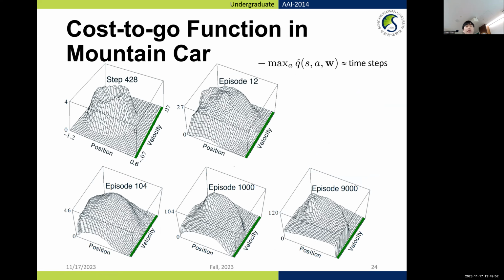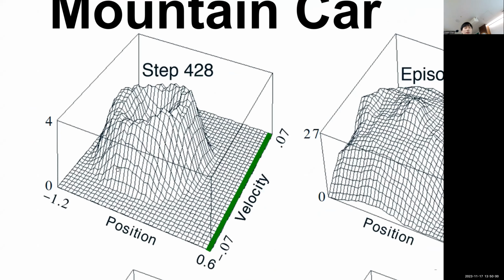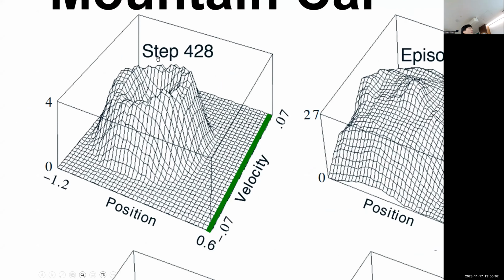Now, if you look at the data, let's particularly look at the first one. When we reach the step 428, we have the 3D, right? The position and velocity.